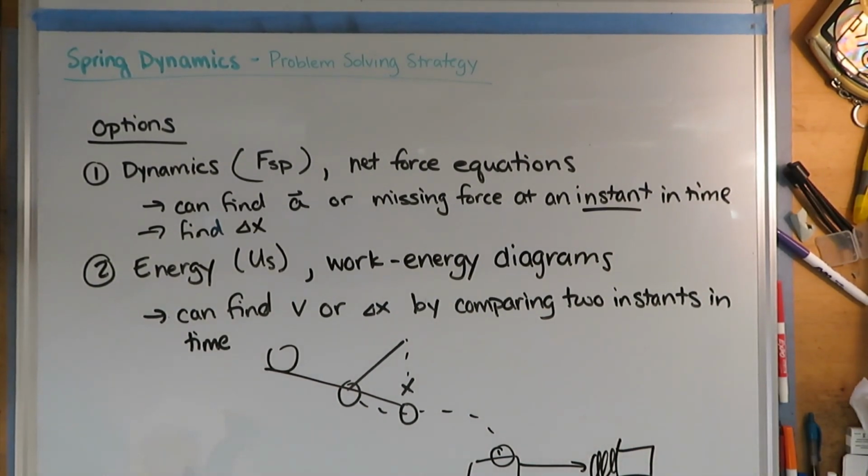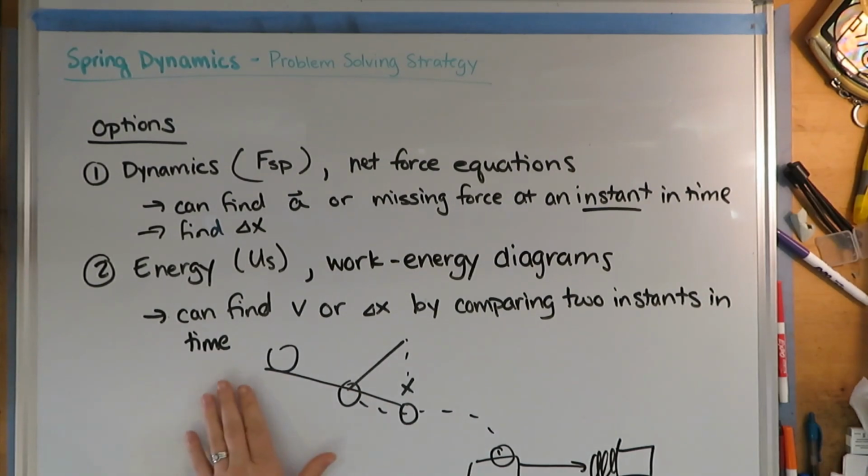Who knows what other types of things are going on in those situations. But with the work energy theorem, you can use it just to transfer between kinetic and potential energy, or you could even go and then find the spring force, because the spring force is going to do work.